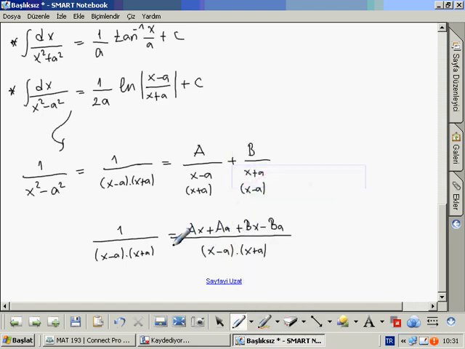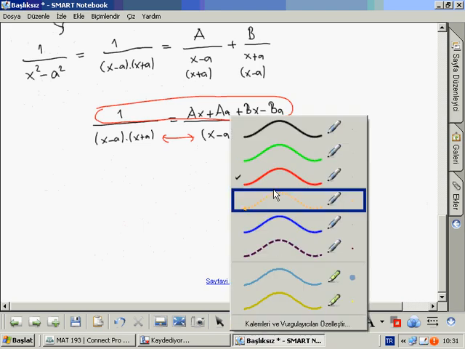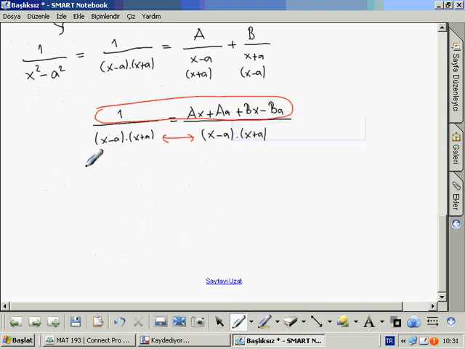As you see, these parts equal to each other. We must look for this numerator part. And what can we say? Ax plus Aa plus Bx minus Ba equals 1.